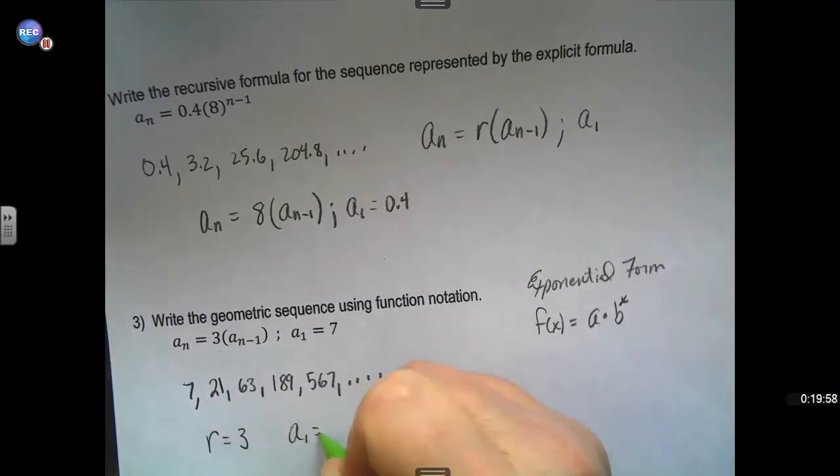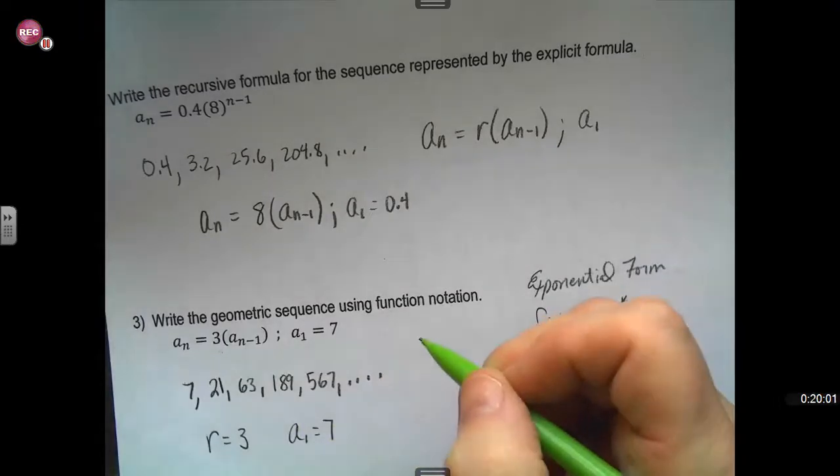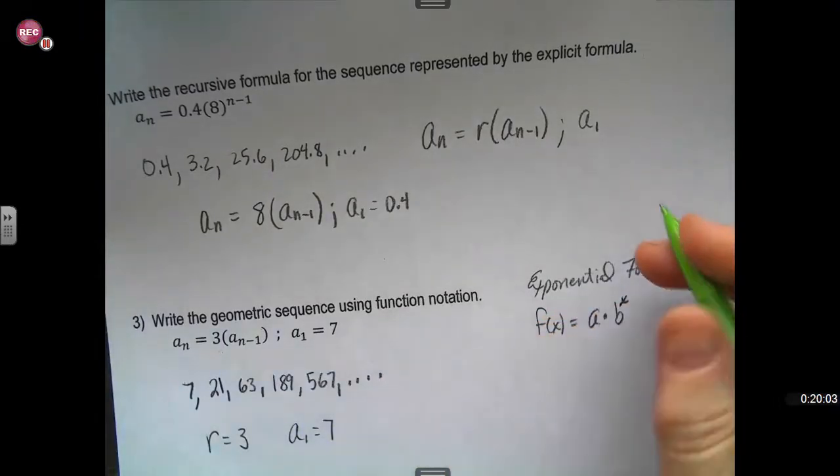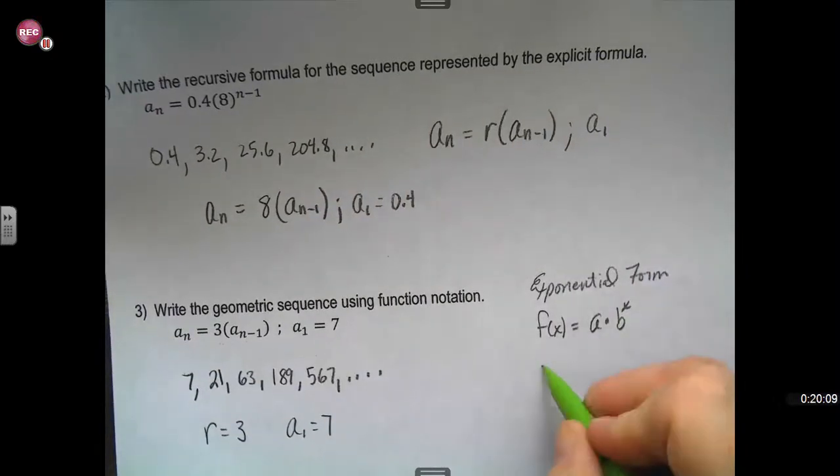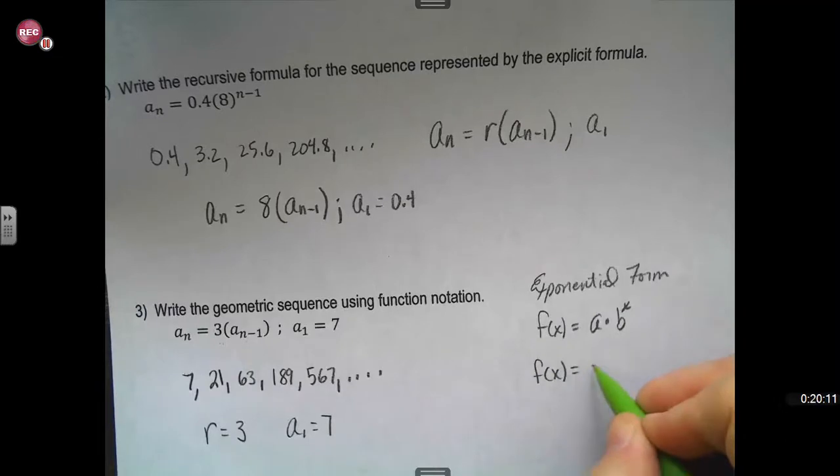The first term is 7. And to write that in exponential form, a, remember, stands for the first term. So f of x equals 7 times b to the x. And then we plug in a point.